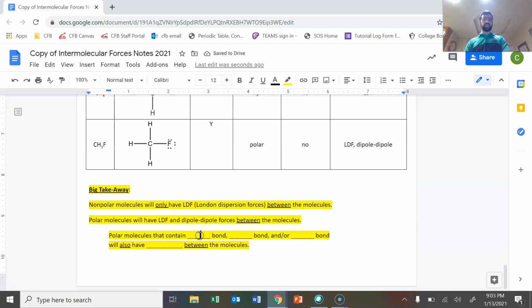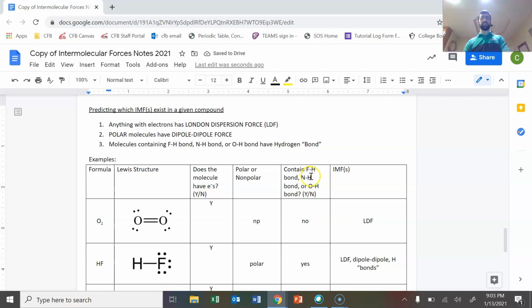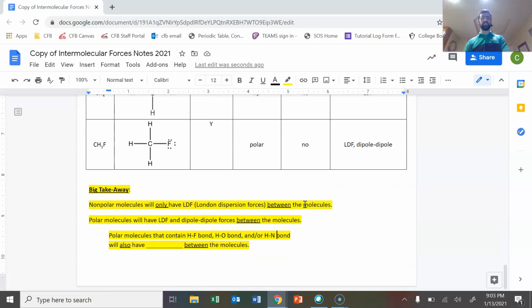Polar molecules that contain an HF bond, an HO bond, or an HN bond. I think it's actually normally written, yeah, FH, NH, or OH. It doesn't matter. You could write it either way.